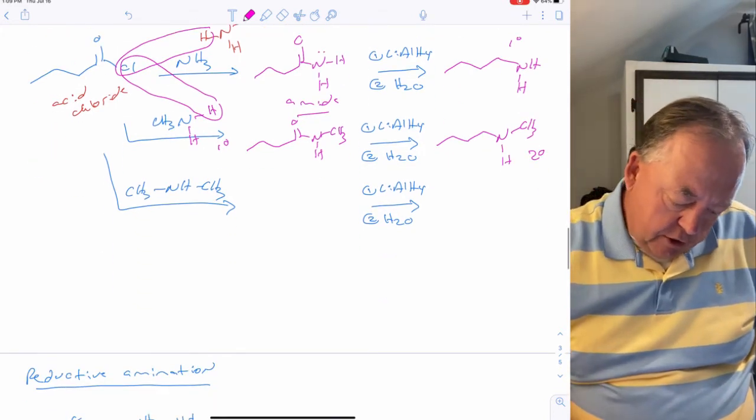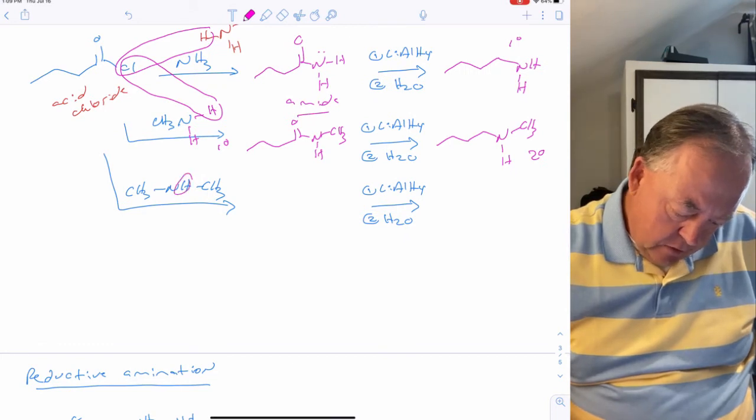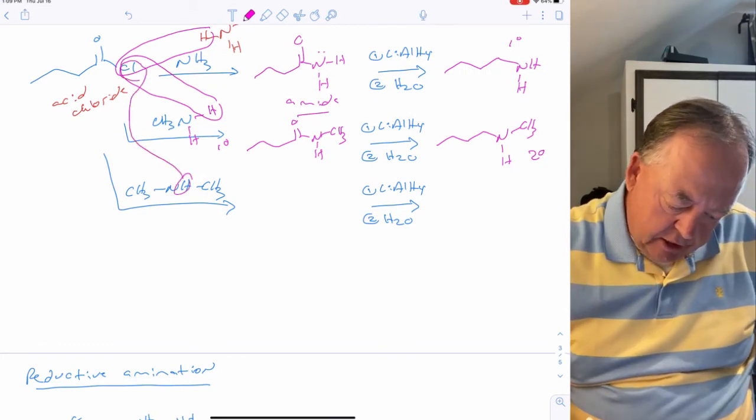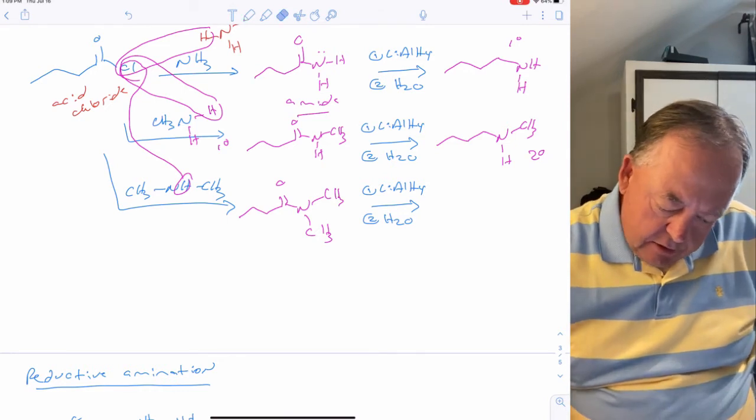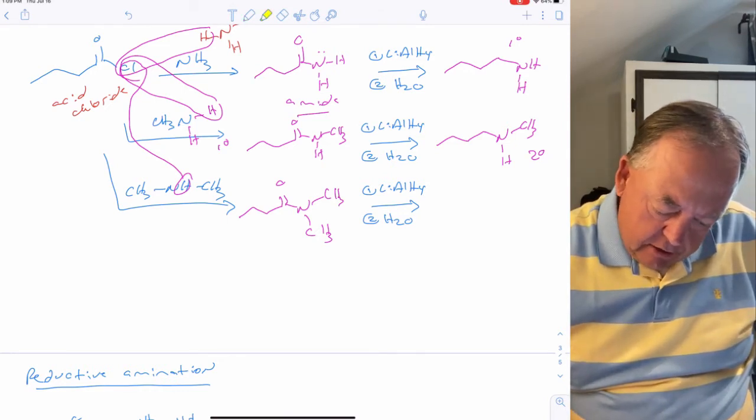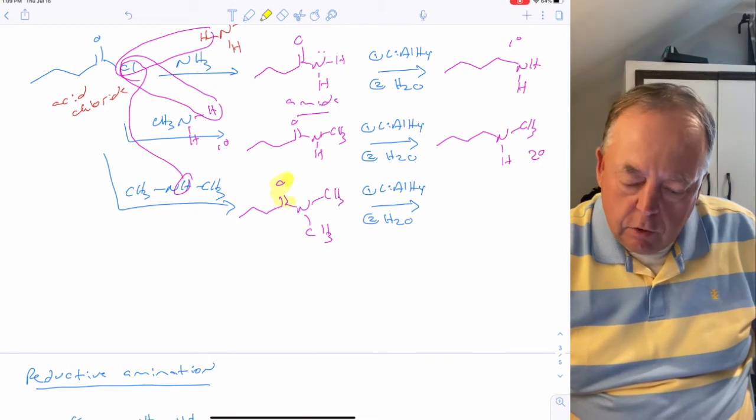Or if you started with a secondary amine, again, lose HCl, and just attach nitrogen where the Cl was. And then when you reduce amides, you just reduce the C double bond O to a CH2.